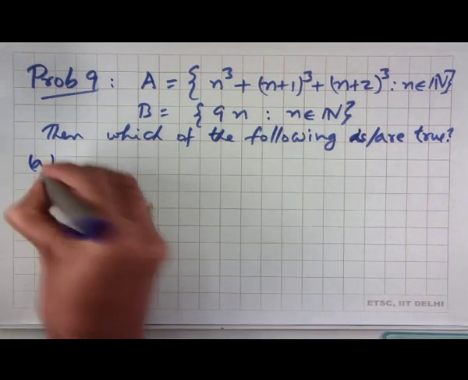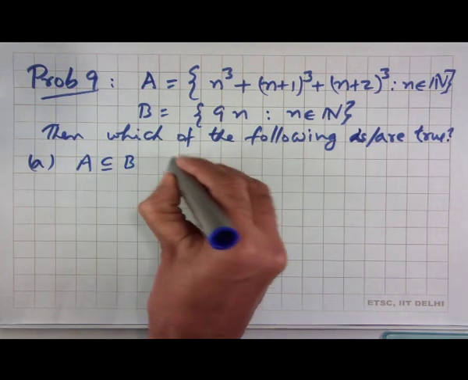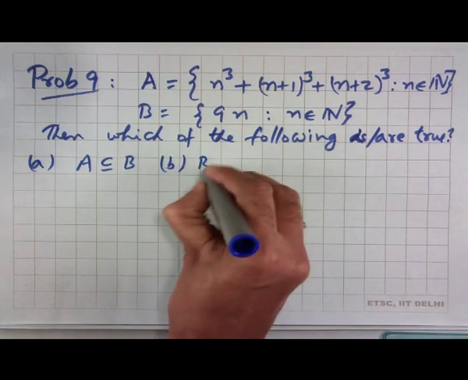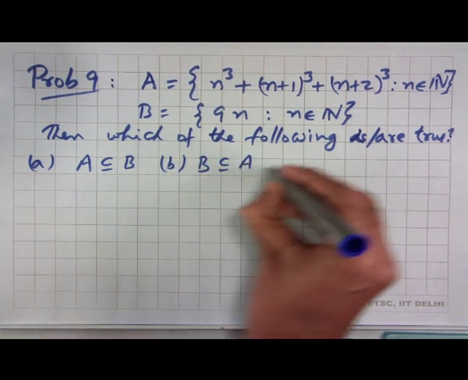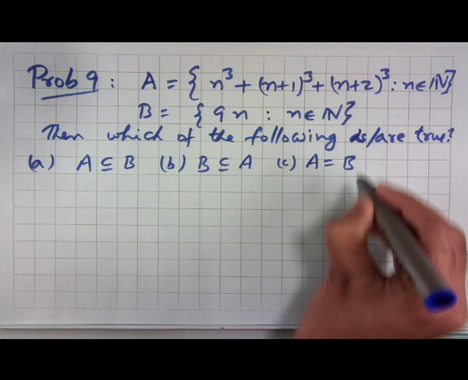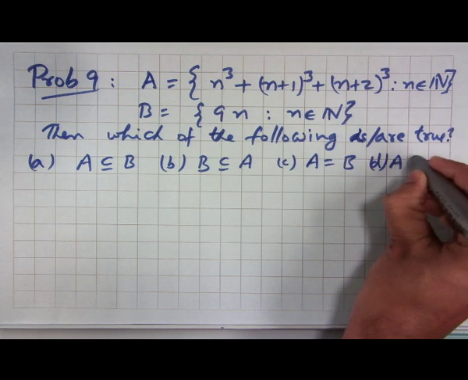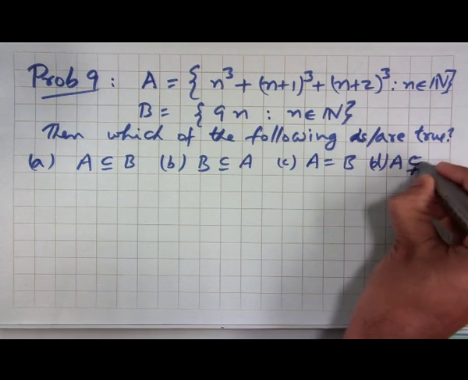First is A is a subset of B, second is B is a subset of A, third is A is equal to B, and D is A is a proper subset of B.